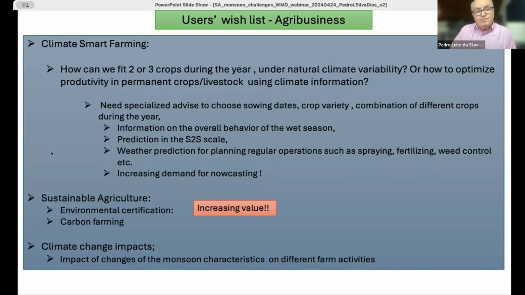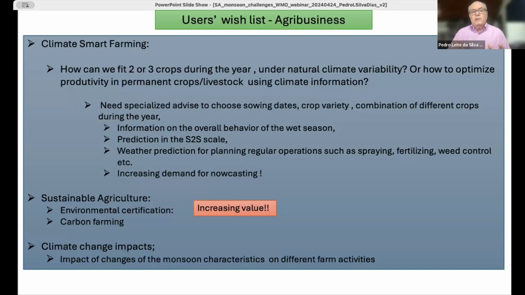But now back to the users' wish list. I talked to a lot of farmers. I talked to people in the renewable energy business as well, because several of our former students are now working in private consulting companies.